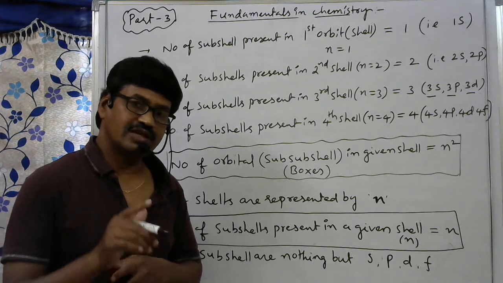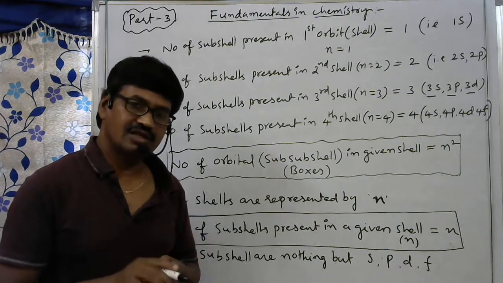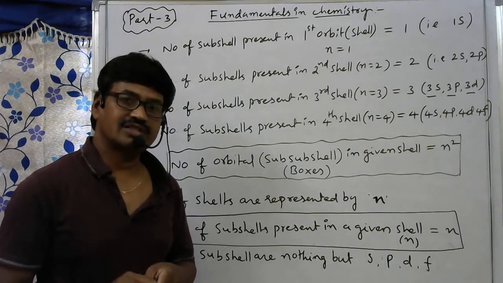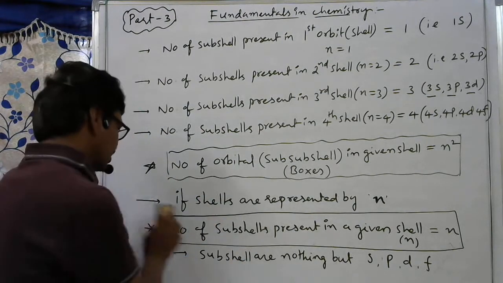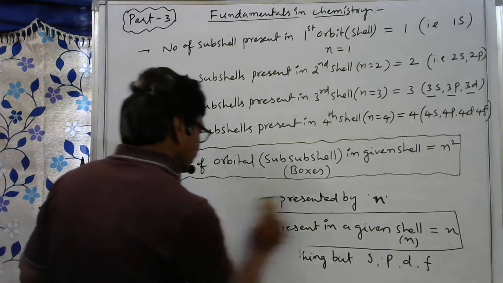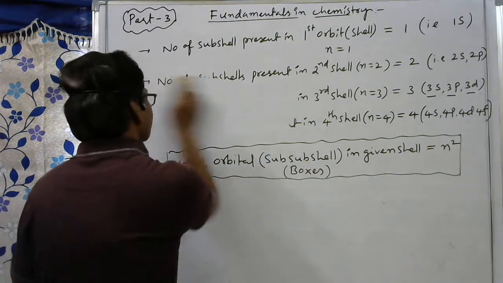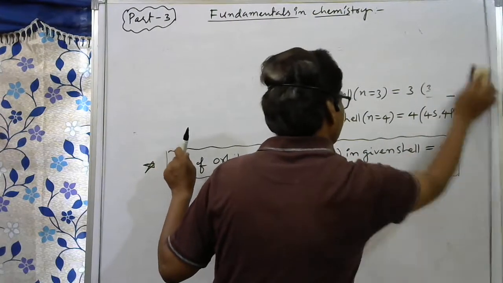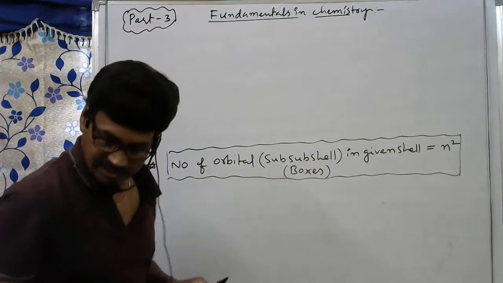So there one s orbital and one p orbital is present. S orbital we can write in one box. P orbital we can write in 3 boxes. Total orbitals are 4. That formula you have to remember: number of orbitals, otherwise subshells present in given shell equal to n square.